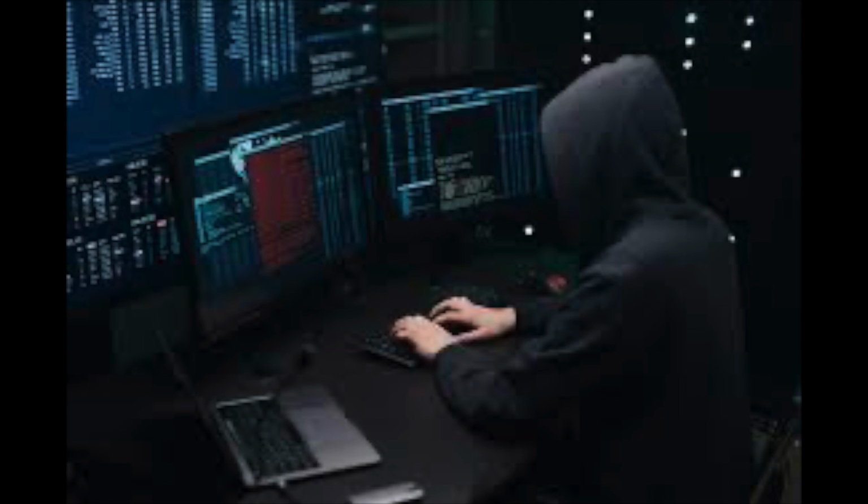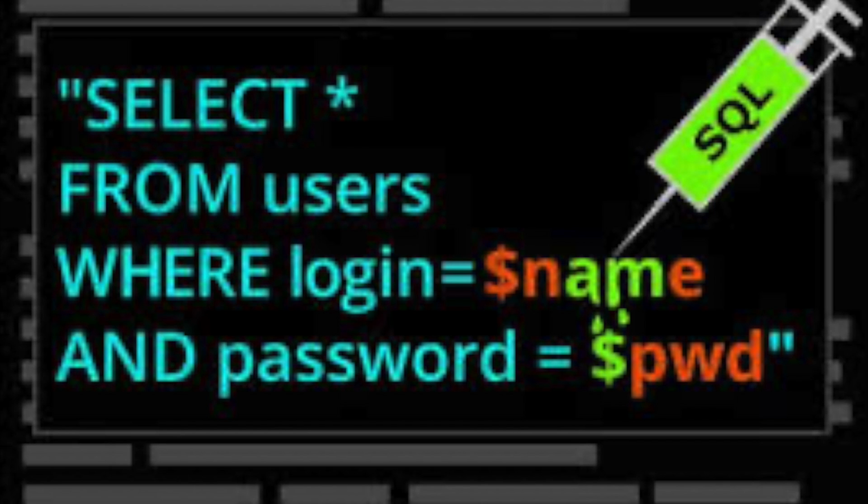So the question now is, what happens when a successful SQL injection attack takes place? Well, it can result in many things, but one of the main things is gaining access to unauthorized sensitive data.